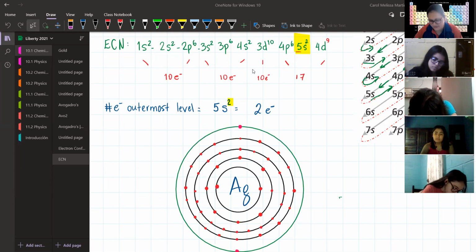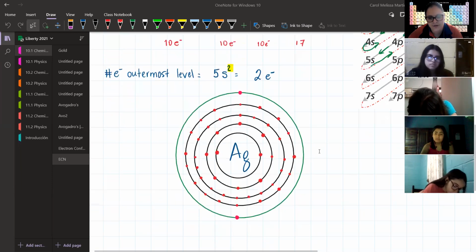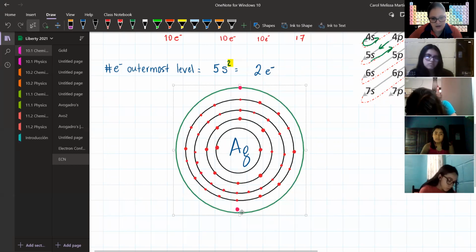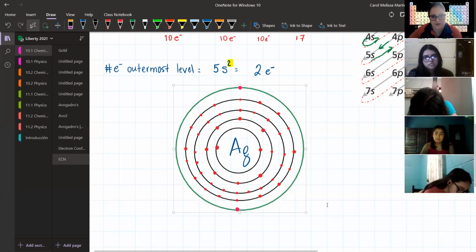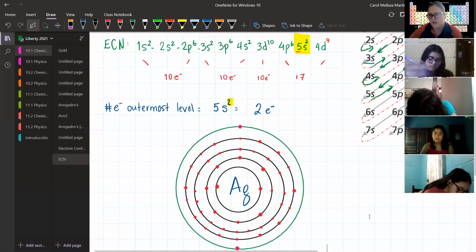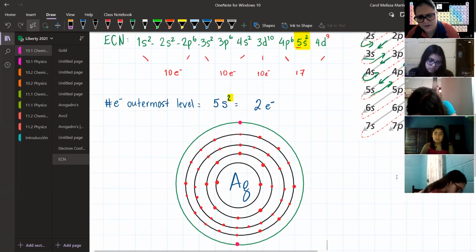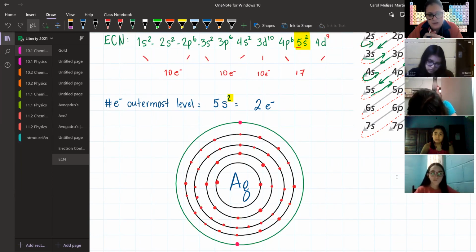So here you can actually visualize how many electrons you have in the outermost level, and above you have the calculation. As you can see, the topic is very, very simple, but this sketch of each element is going to have a lot of work to do.